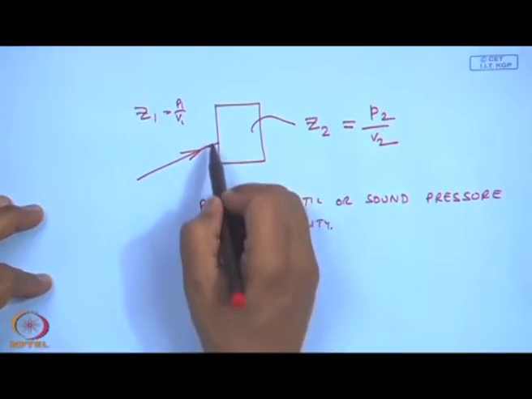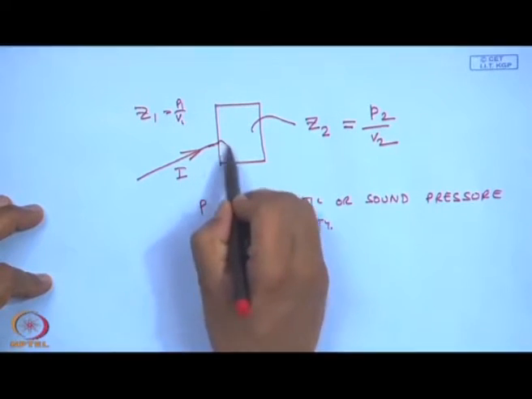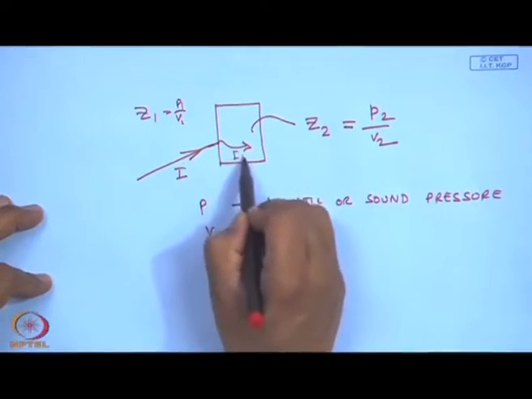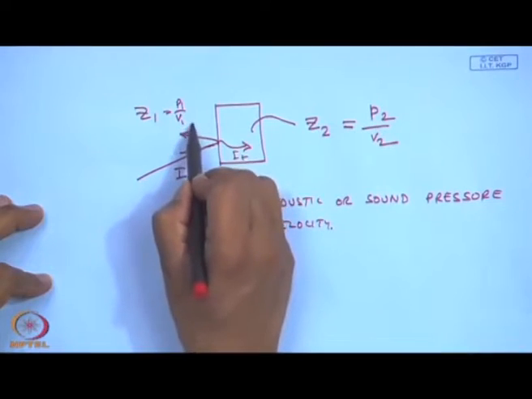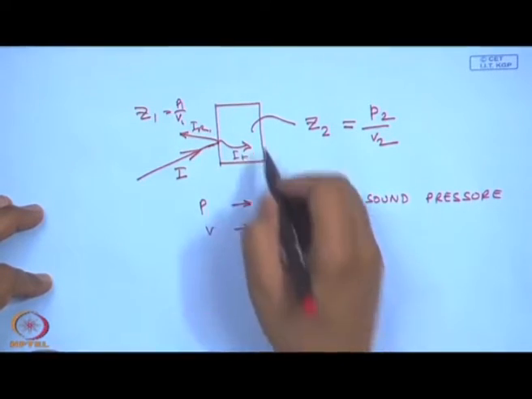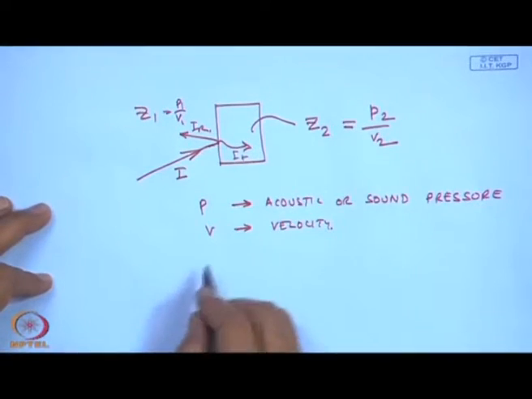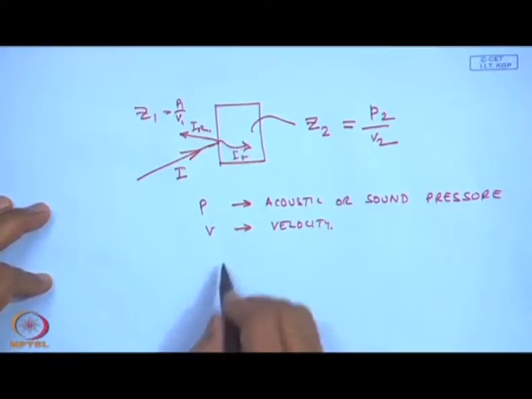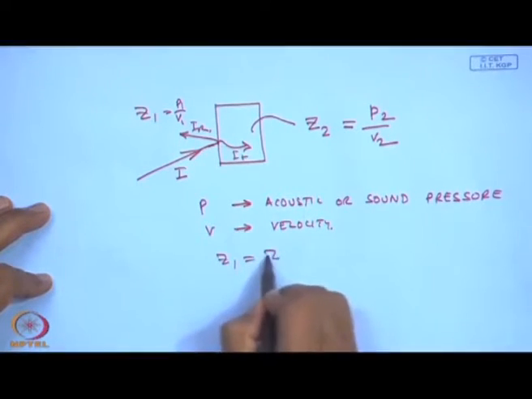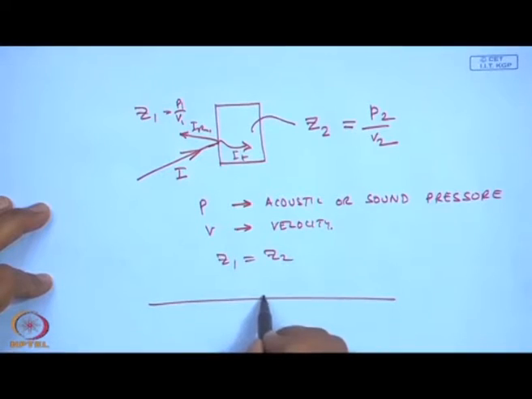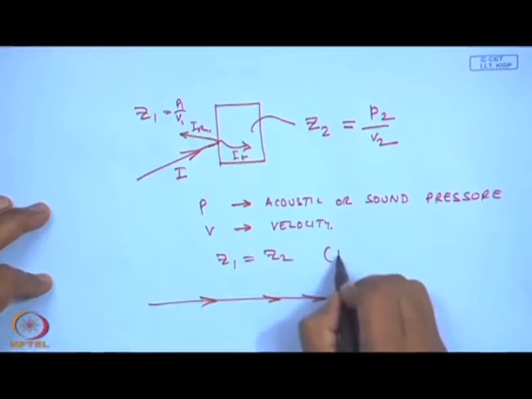So, depending on the relationship between Z 1 and Z 2, some will be incident, some will be transmitted, some will be reflected and so on. Okay. So, if the impedance Z 1 is equal to Z 2, the wave would get transmitted without any reflections.